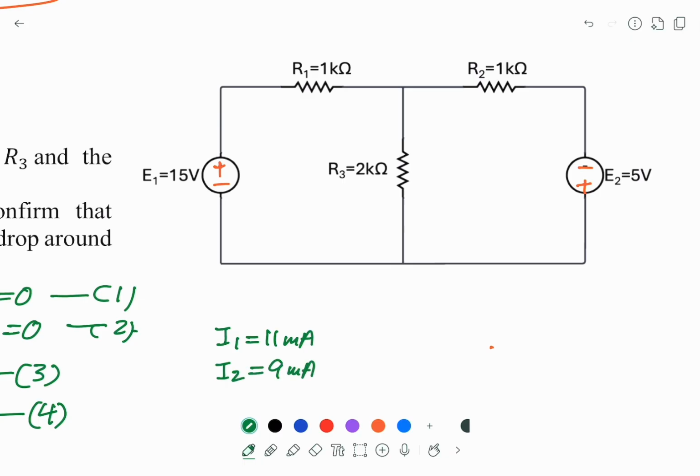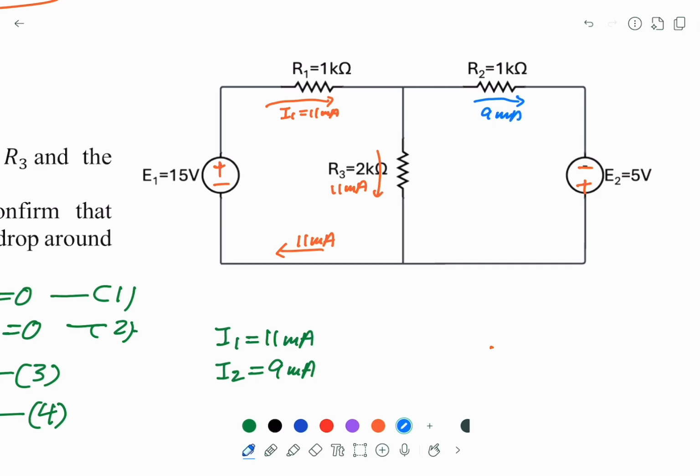So let's mark this current on the diagram. I1 is 11 milliamp. This is the clockwise loop. So this is I1 again, 11 milliamp, and on the left hand side, this is 11 milliamp. Now I2 again, clockwise, that's our assumption.